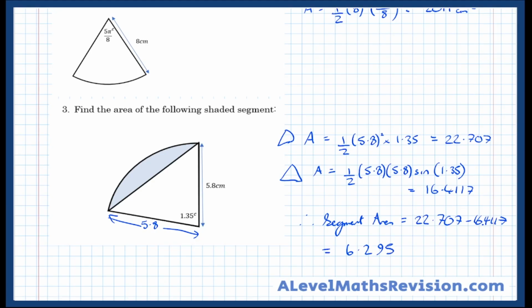And it didn't ask for any particular degree of accuracy, so I'm going to go for significant figures, and it's centimetres squared is the unit, which is important in a practical context. So that's that done. There we go. So have a go at the worksheet. Over to you.